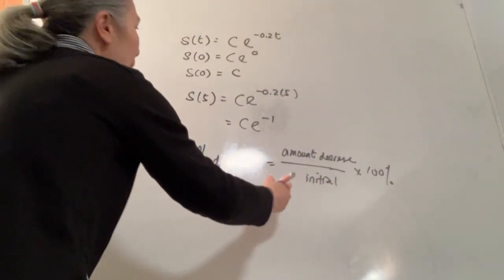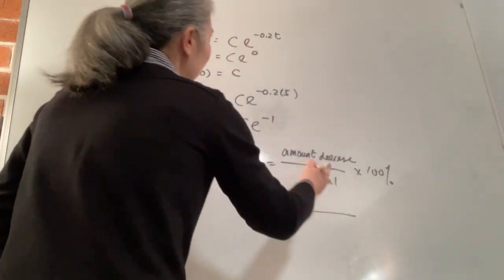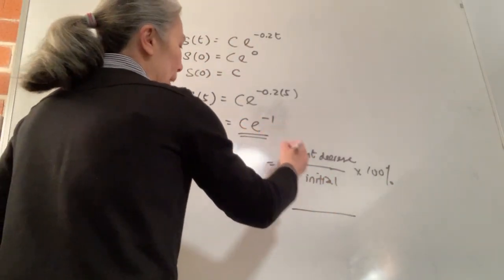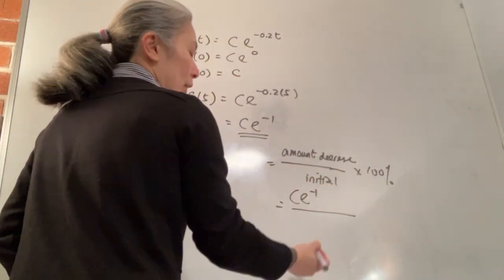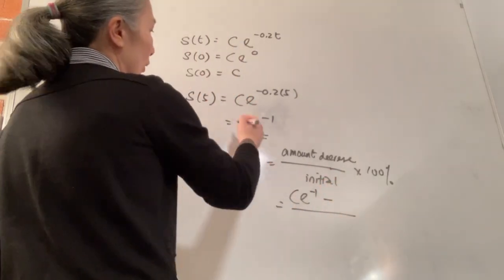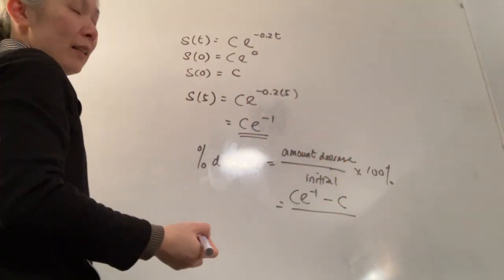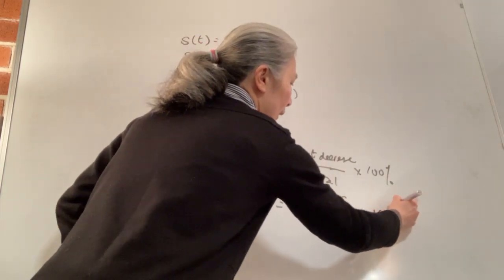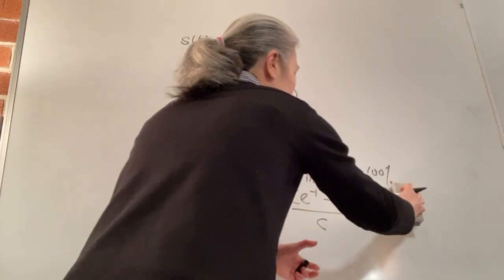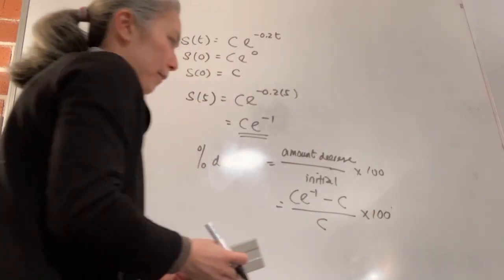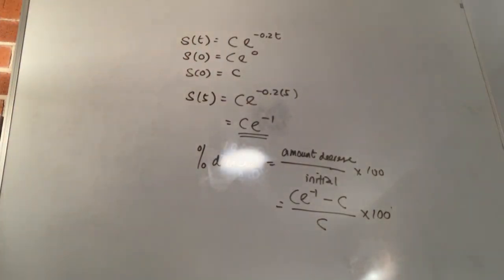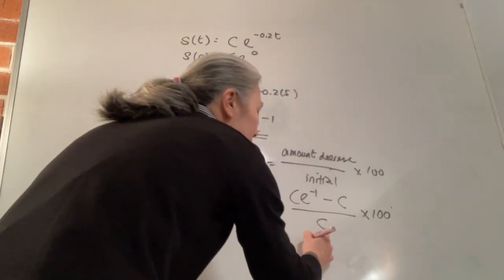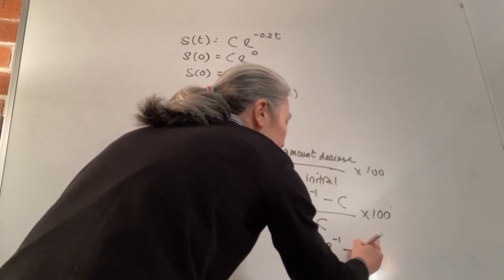So in here, the amount of decrease goes from this number minus the initial, which is your C, over the initial, which is your C. And if you want to, that means the C can be factorized.